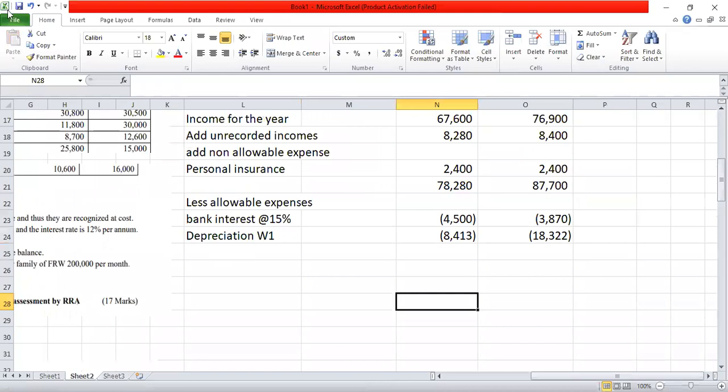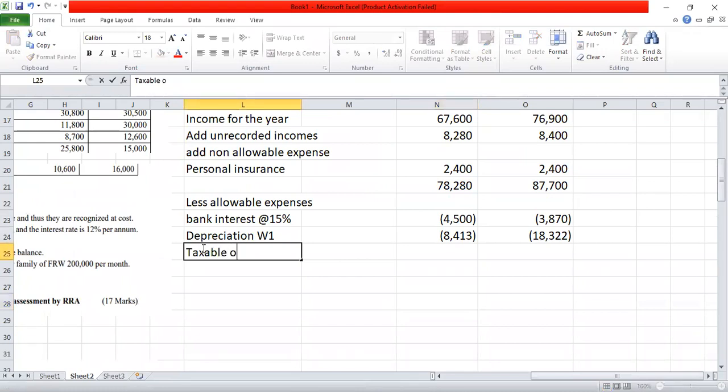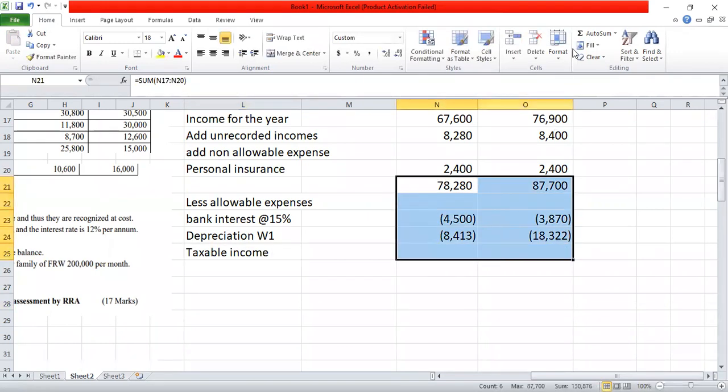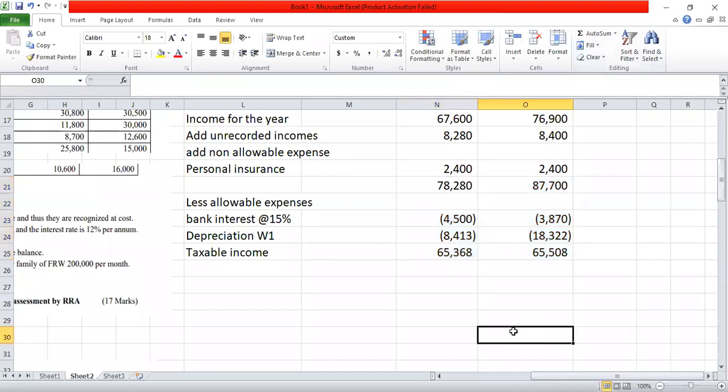So our taxable income will be that. That's the taxable income. Now we can charge our tax.